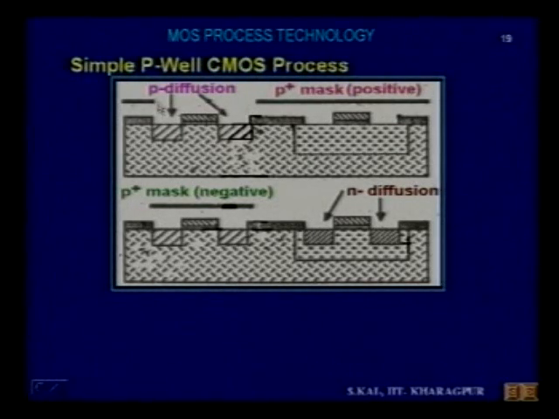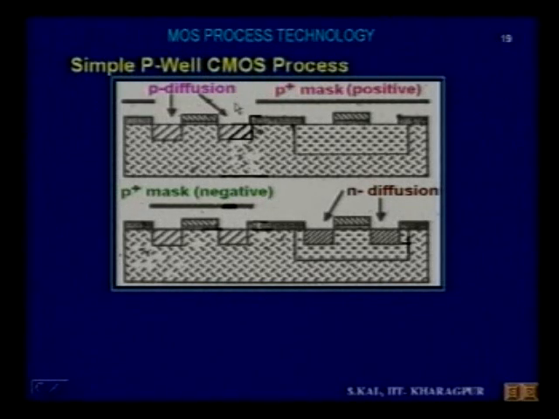When you are diffusing the P-type source and drain, you are covering the region where you are going to make NMOS. Here is a POL, that means you are going to have NMOS here. So first you open this region, from this end to this end, then you diffuse boron so that you can get the source and drain for the PMOS device.